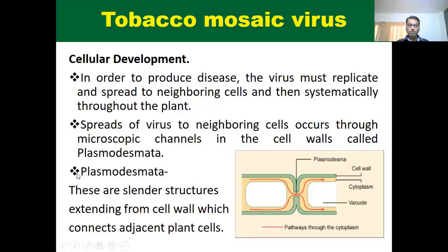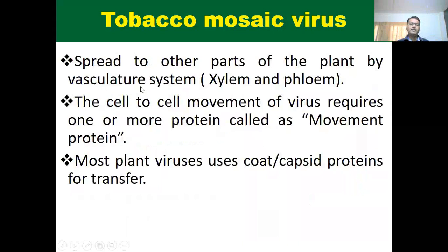So plasmodesmata is the channel. These are cellular structures which extend from the cell wall and connect adjacent plant cells. That means one plant cell connects to another through these plasmodesmata. So through these plasmodesmata, virus passes. The spread to other parts of the plant takes place through xylem and phloem.